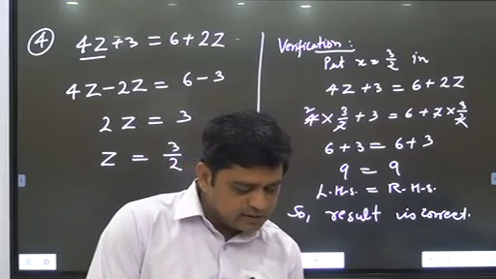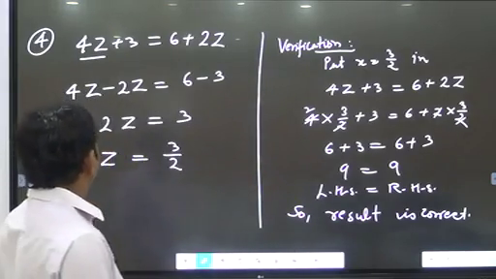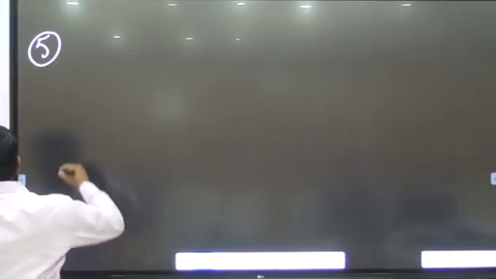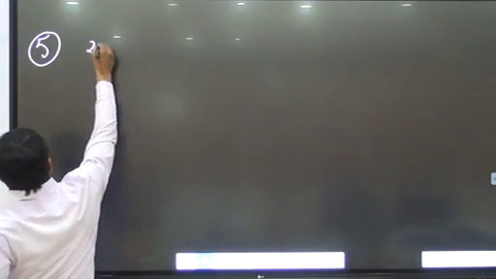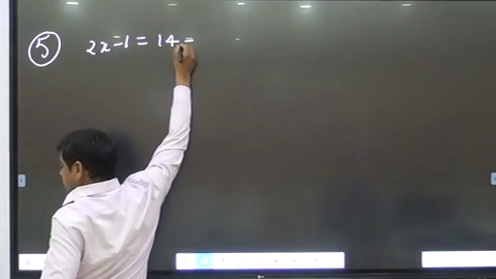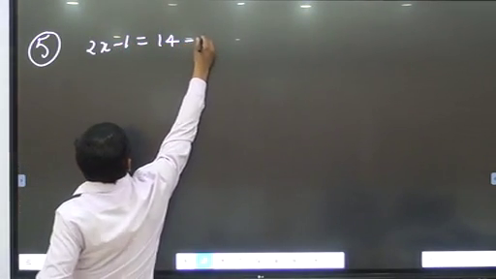So next one is question 5 of the same exercise. The fifth question is the same as question number 4. So write 2x minus 1 is equal to 14 minus x.